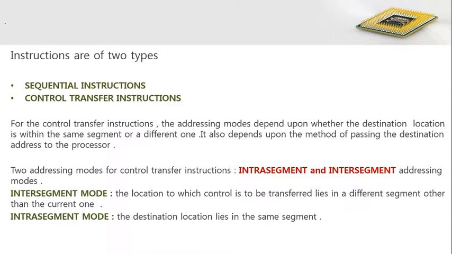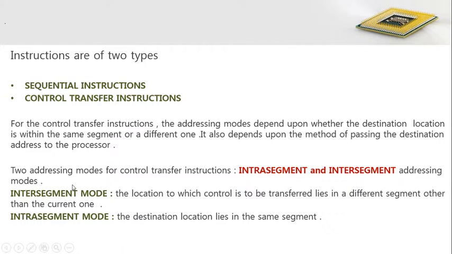That means we need to skip certain sequential instructions which come just after the currently executing instruction. Such instructions are examples of control transfer instruction.